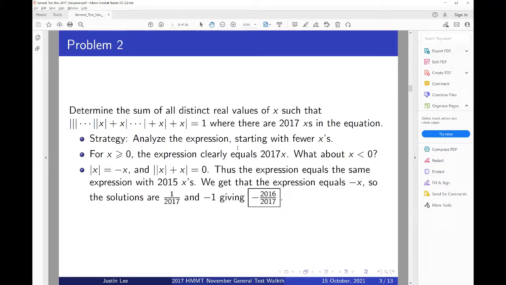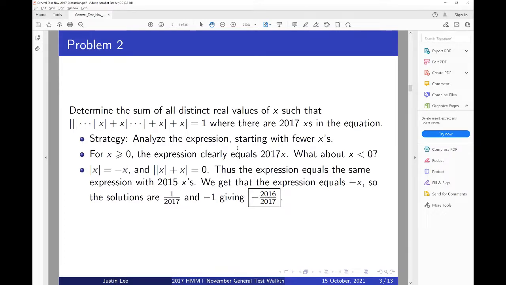The absolute value of x equals negative x. With 2 x's, the expression is the absolute value of x plus x, and when x is negative, that would be negative x plus x, and that's 0. So when you've got the expression with 2017 x's, the innermost two x's just equal 0 for negative x.